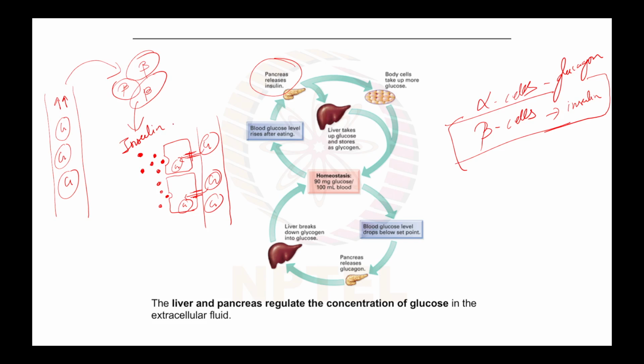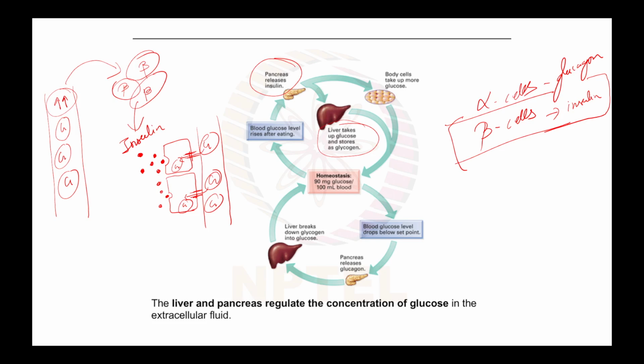Okay, so the signal is given by the insulin. The liver takes up the glucose and stores it in the form of glycogen. Similarly, the other cells also take up more glucose. So overall the increased concentration of glucose is brought back to the normal level, which is the homeostatic level, 90 mg glucose per 100 ml of the blood.